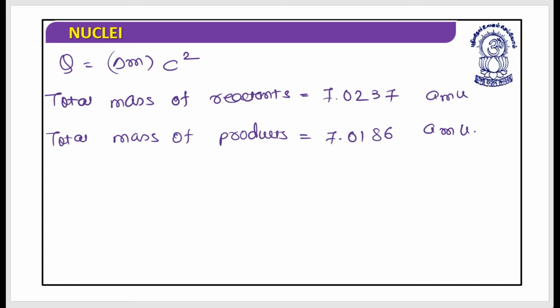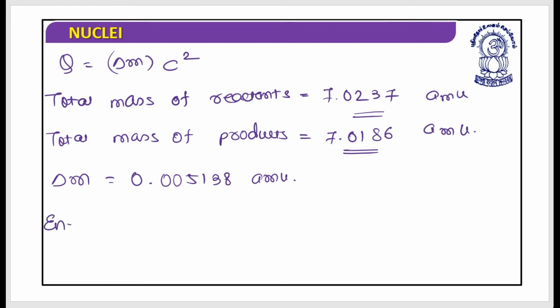Then the difference, delta m, which is the total mass of reactants minus the total mass of products, you are going to have 0.005138 AMU.